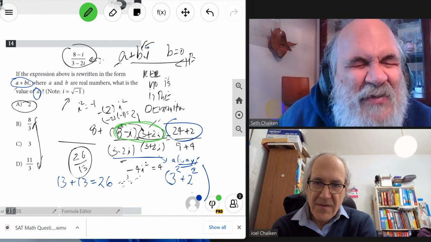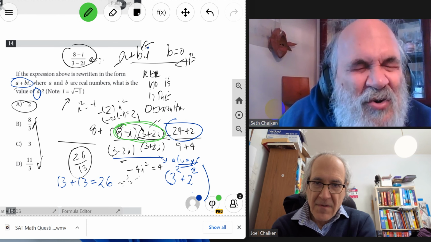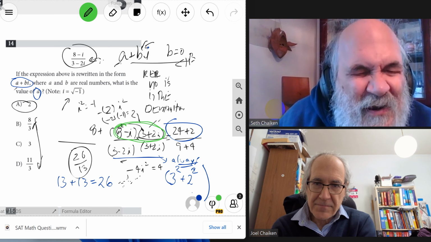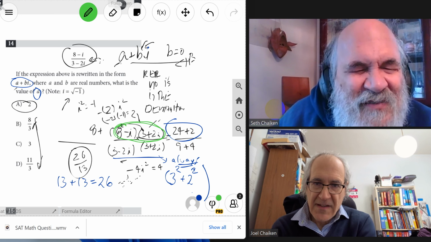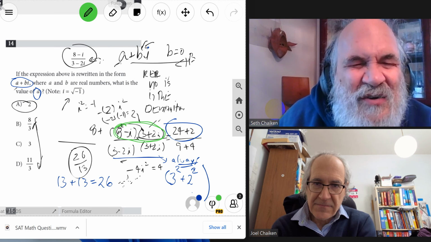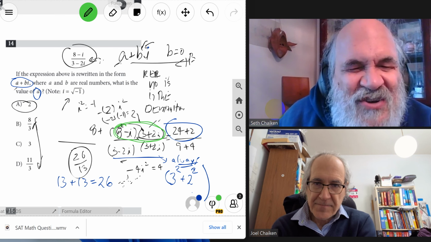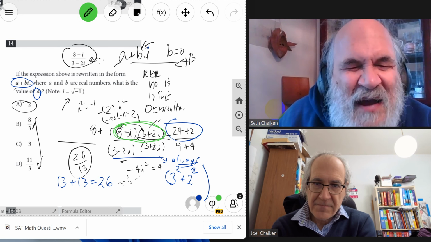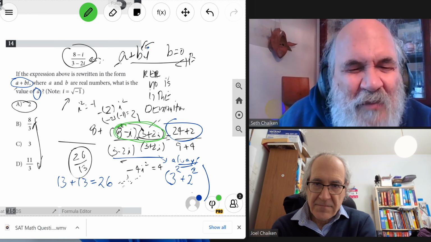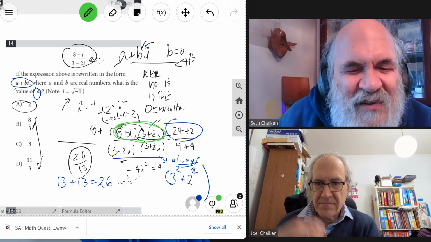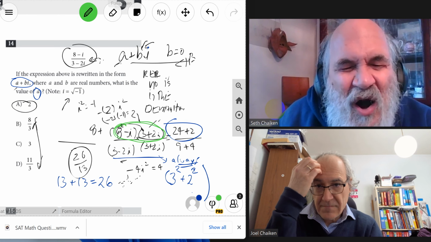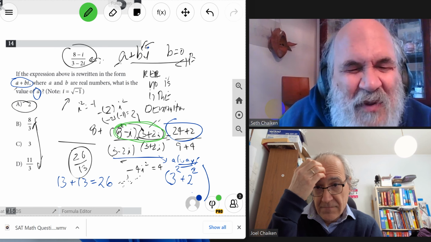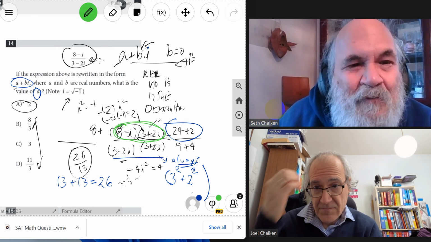So to get the real part, you only need to multiply 8 by 3, the product of the real parts. And then take the product of the imaginary parts, but you have to change the sign because the two imaginary parts both are multiples of i, and the two i's multiplied together give you -1.